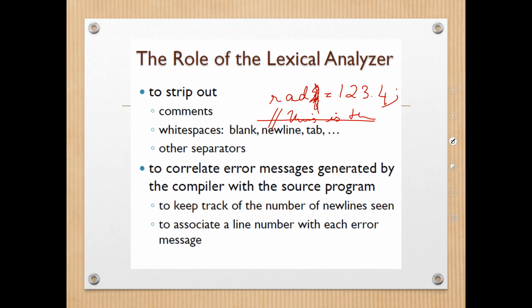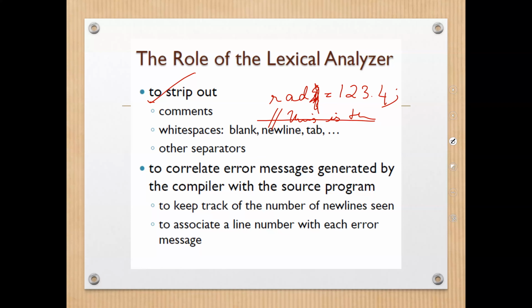So all my white spaces, my blanks, my new lines, my tabs are done away with. All these are done by the lexical analyzer. Even if you have any separators, those are done away with. That is also the job of the lexical analyzer, stripping away.